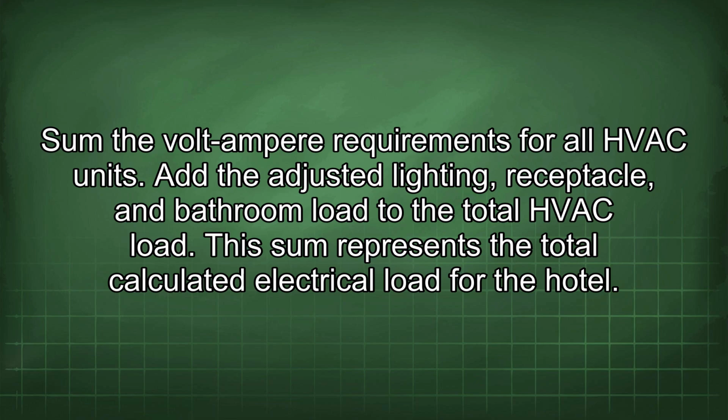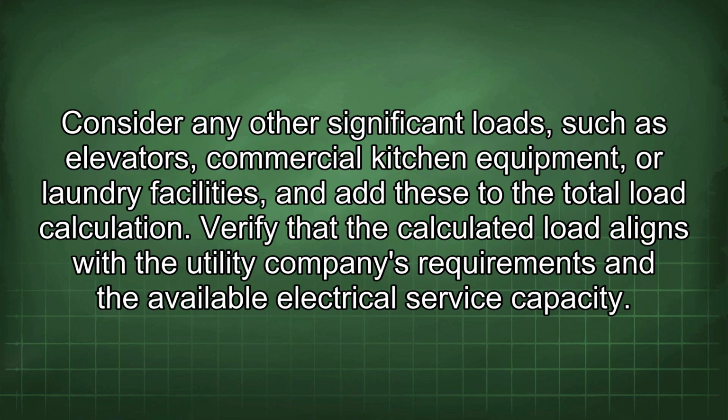This sum represents the total calculated electrical load for the hotel. Consider any other significant loads such as elevators, commercial kitchen equipment, or laundry facilities, and add these to the total load calculation. Verify that the calculated load aligns with the utility company's requirements and the available electrical service capacity.